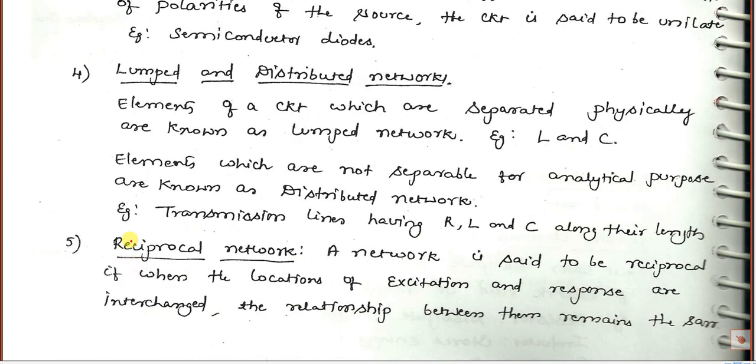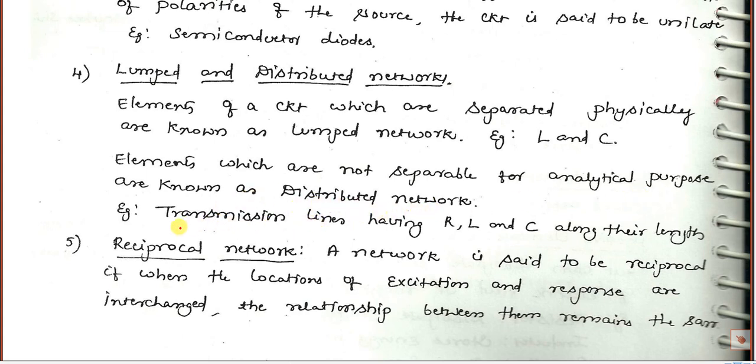Next, what is a lumped and distributed network? Elements of the circuit which are separated physically are lumped networks. Examples are L and C, inductor and capacitor. They are actually present separately, physically separated. We can take an inductor, we can take a capacitor, and we can identify it as a capacitor or as an inductor. That is lumped. Elements which are not separable, for analytical purposes, are distributed networks.